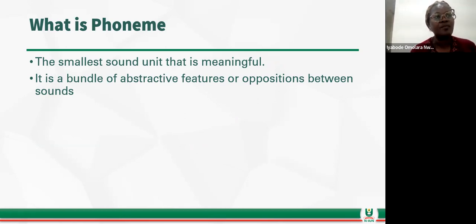If we have ever been asked to define phoneme, this is what essentially you would have come across, that it is the smallest sound unit that has meaning. As we go along, you will also see why it is called so. It has also been described as a bundle of abstract features or positions between sounds. Again, you will see how this plays out as we look at some examples.